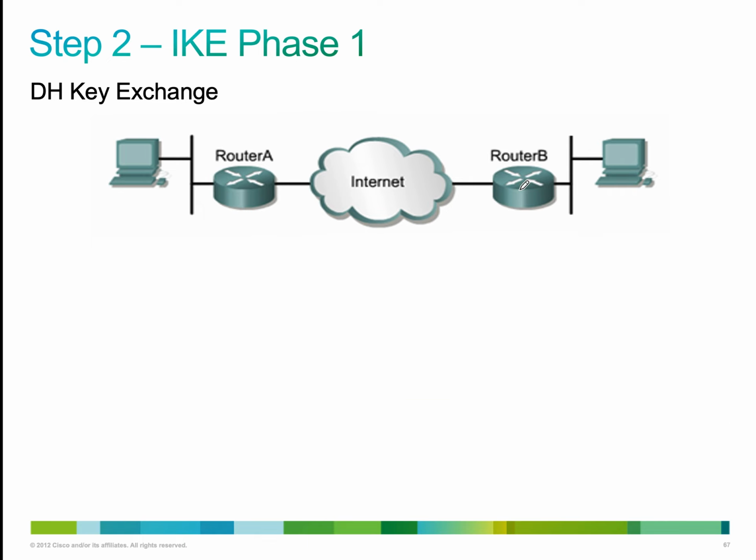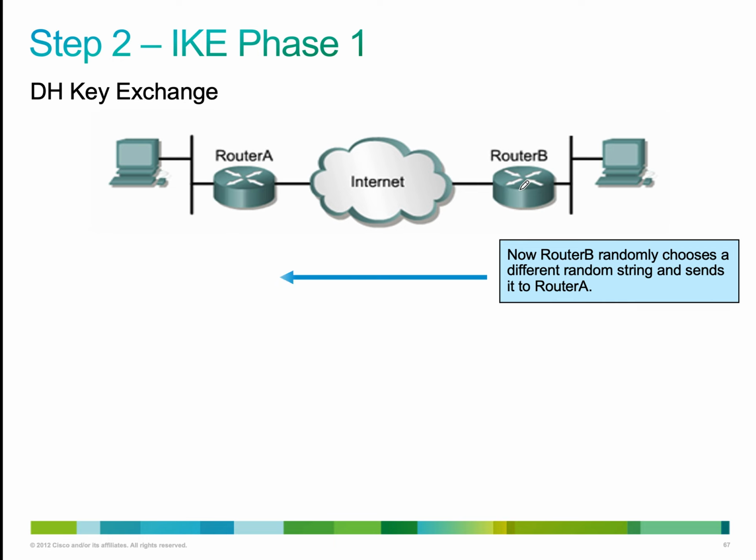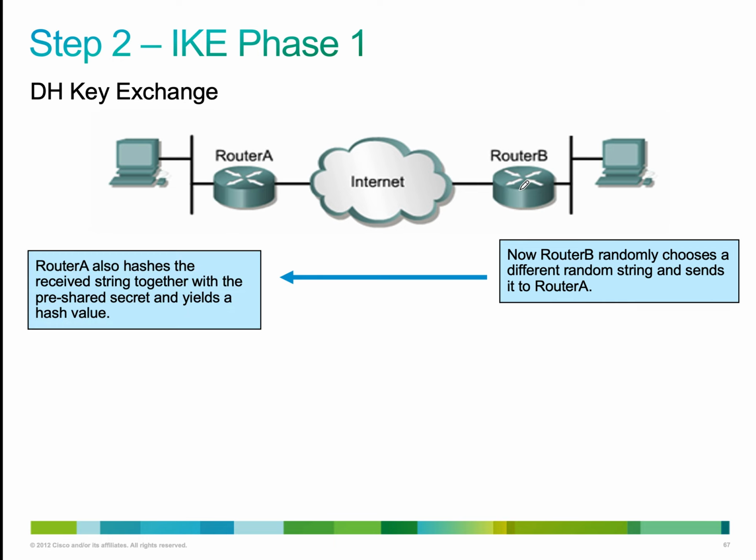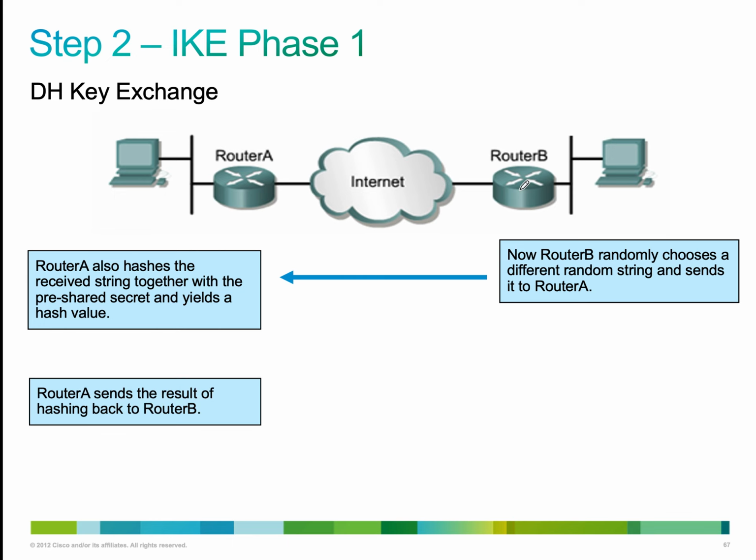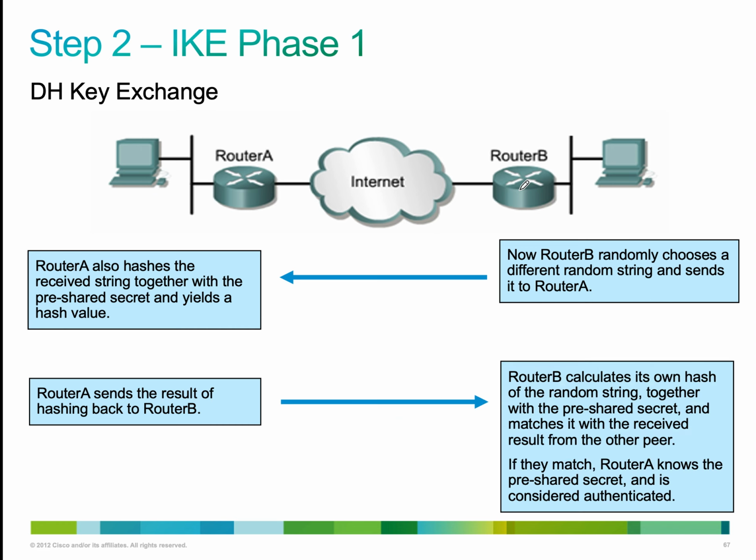So they can begin the exchange. In the DH key exchange, router B now randomly chooses a different random string and sends it to router A. Okay, the first stage was router A sending to B. Now B sends a different string to A, and A hashes the received string together with the pre-shared secret and yields a hash, and then router A sends the result of the hash back to B. Router B calculates its own hash of the random string together with the pre-shared secret and matches it with the received result from the other peer.